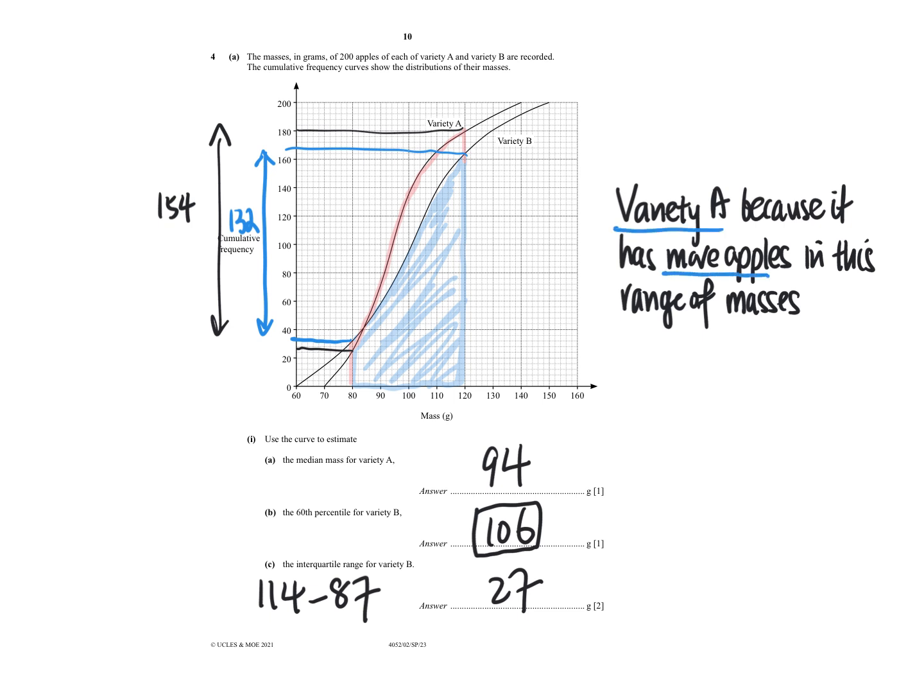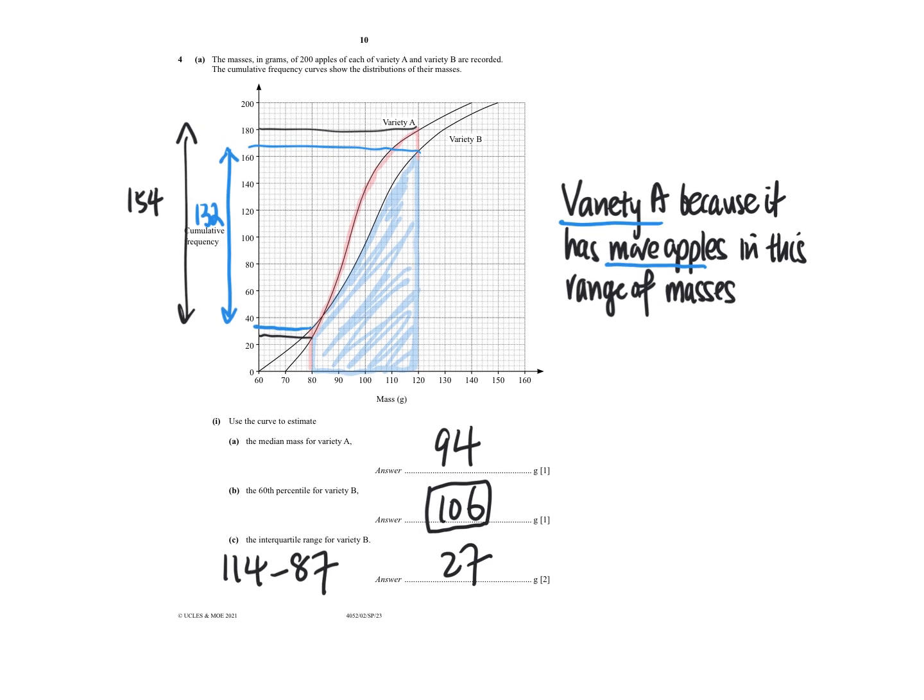It has 154 apples in that range. How are the marks awarded in your question? Your reasoning must be correct to give you the variety A. So if you get A but the reasoning is wrong, I cannot even give that 1 mark. Okay?